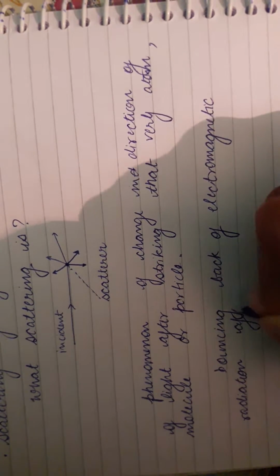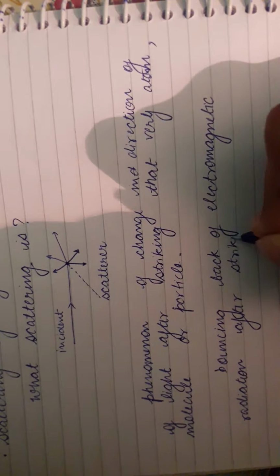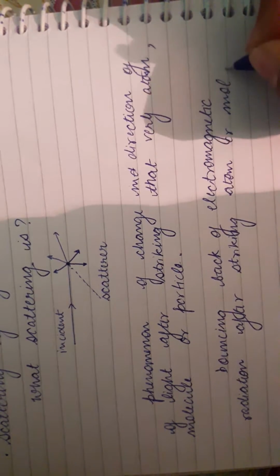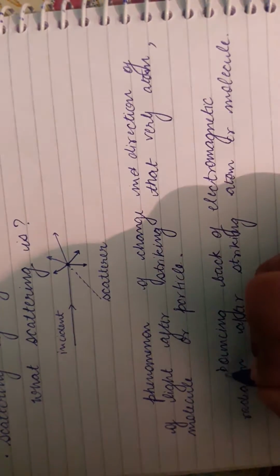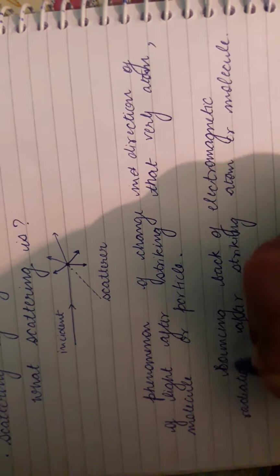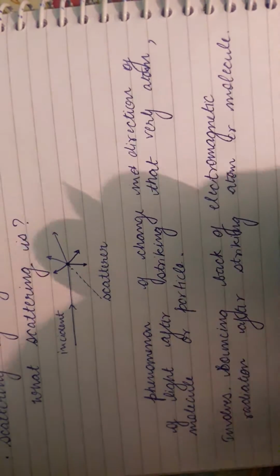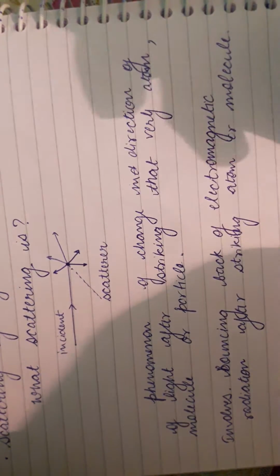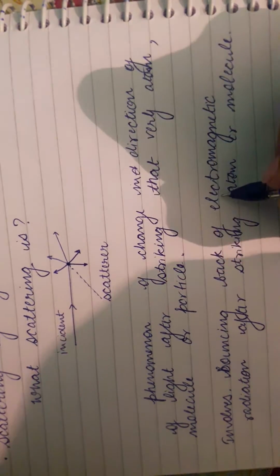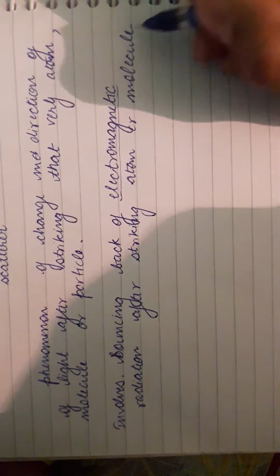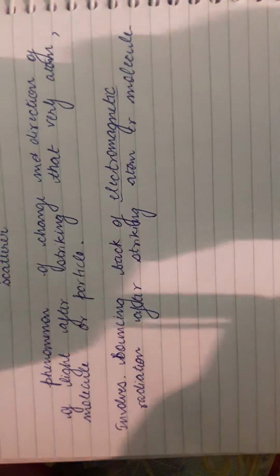So scattering of light involves bouncing back of electromagnetic radiations after striking an atom or molecule. They've used the word electromagnetic because the sun is an electromagnetic spectrum, and it is a radiation that is striking back after striking a molecule. So this is what it is.